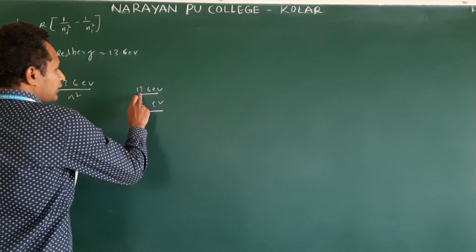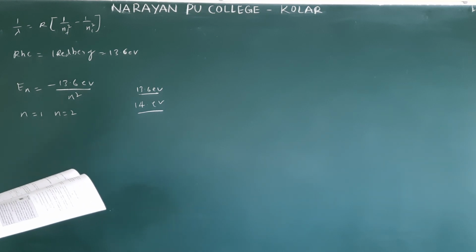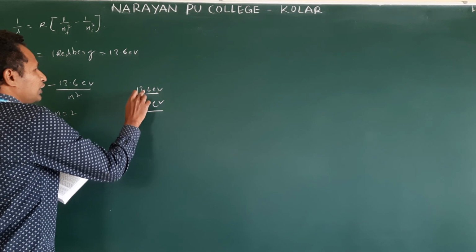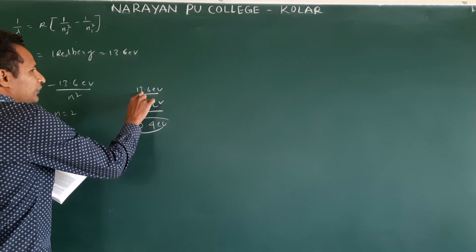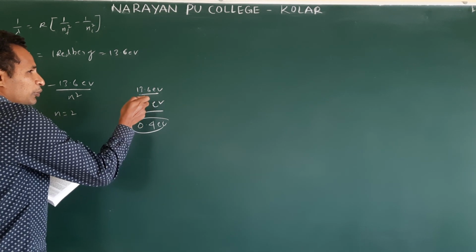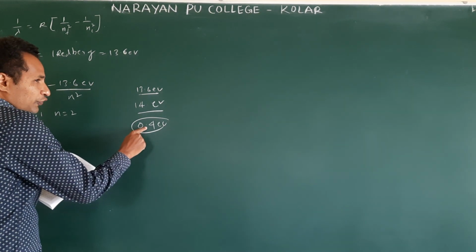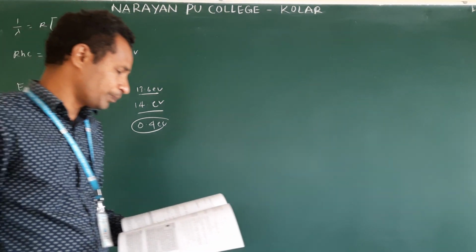In this, 13.6 eV is used to remove the electron, and the remaining energy stays with the electron in the form of kinetic energy. What is the difference? 0.4 eV. 13.6 eV is used to free the electron from the nucleus, and the extra 0.4 eV stays with the electron in the form of kinetic energy.